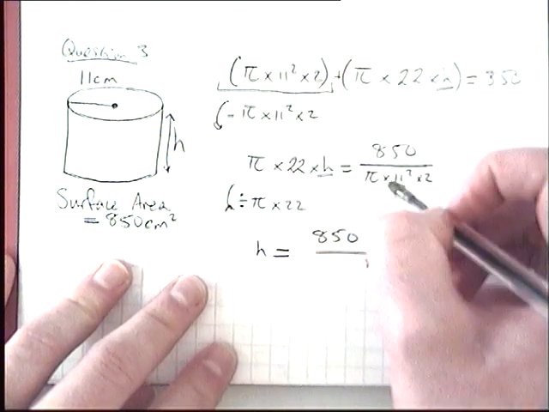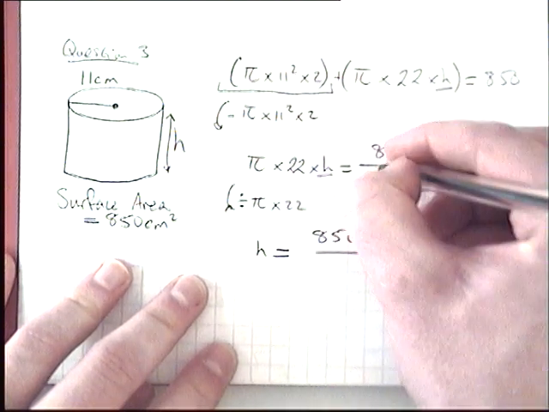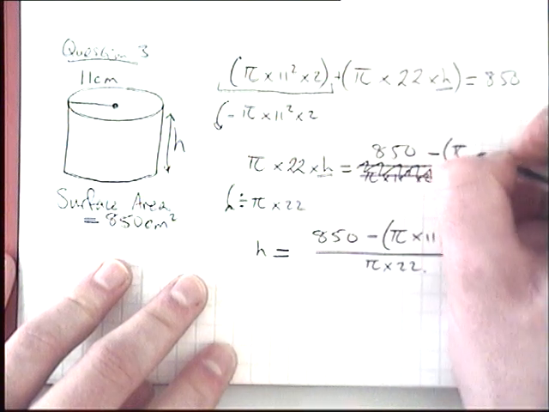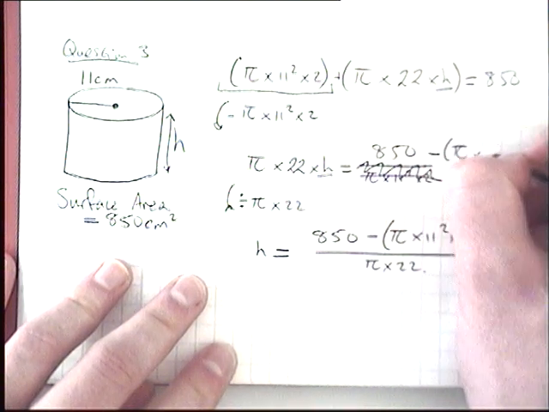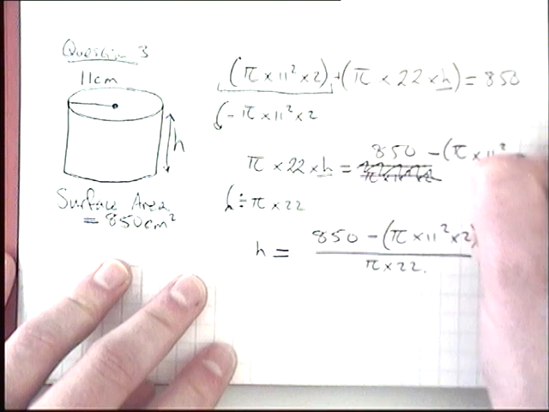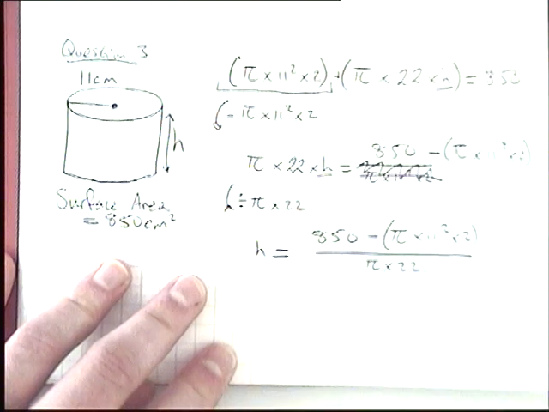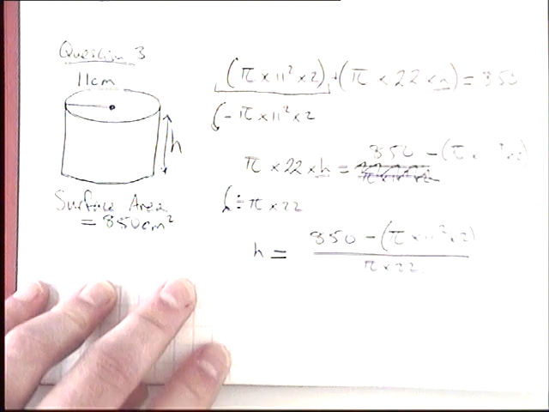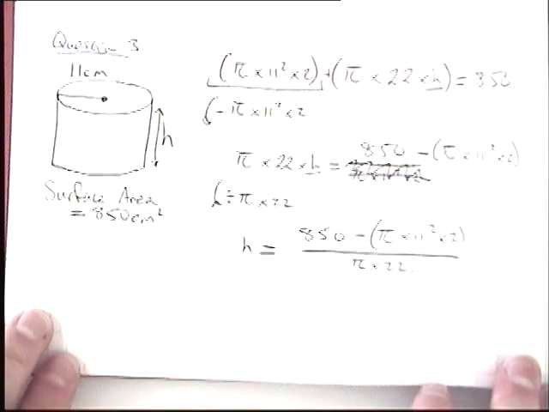So apologies for this bit. That should have been a minus. So we're subtracting the bracket first and then dividing afterwards.